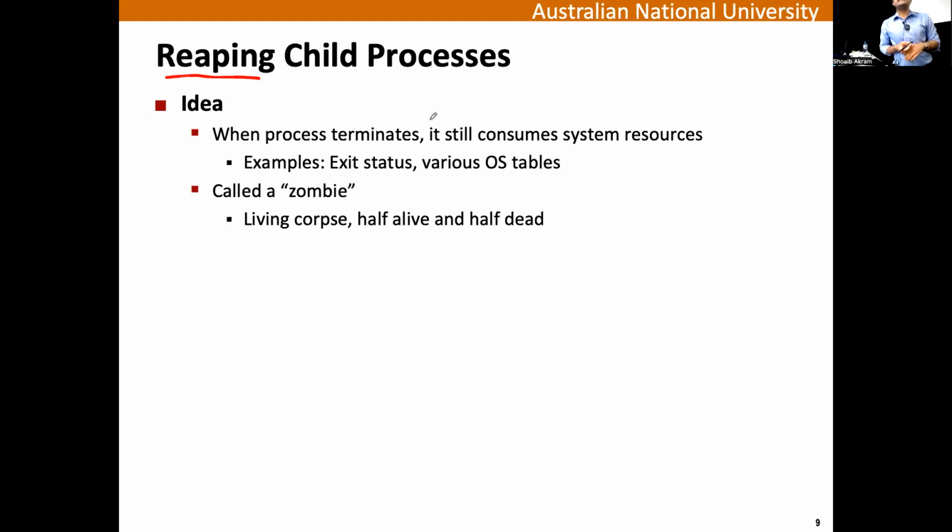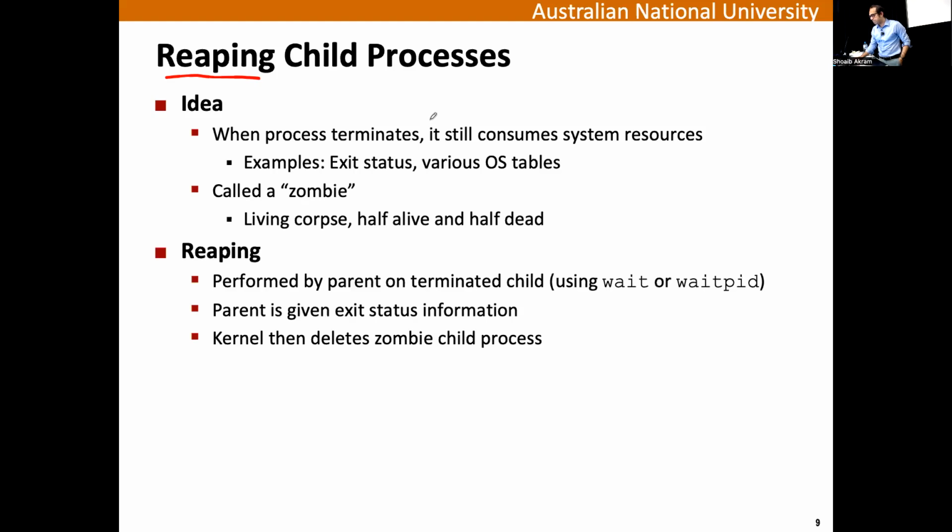The parent can continue executing, but it is good practice for the parent to reap a child. The child is kept around until the parent reaps it. And a terminated process that hasn't been reaped yet is called a zombie. It's terminated, it has done its work, but it's still around, consuming some resources.